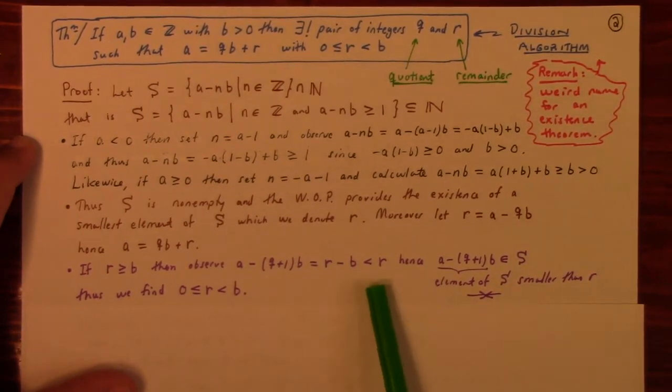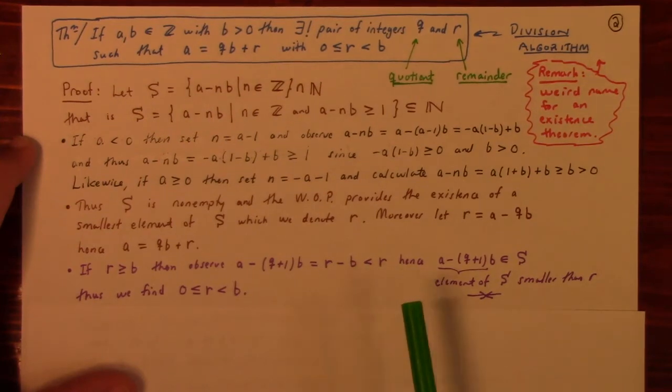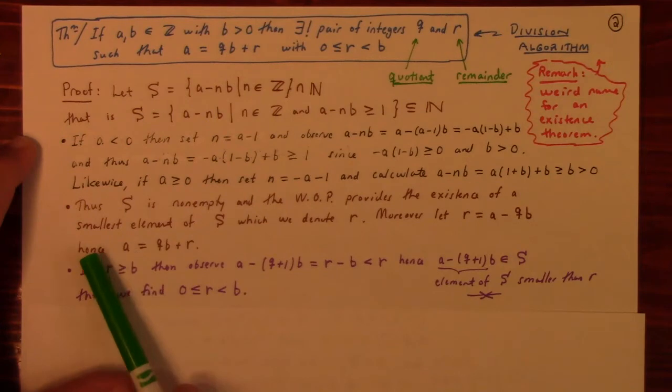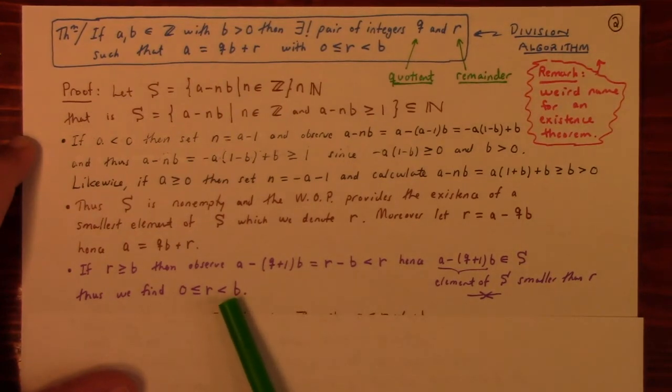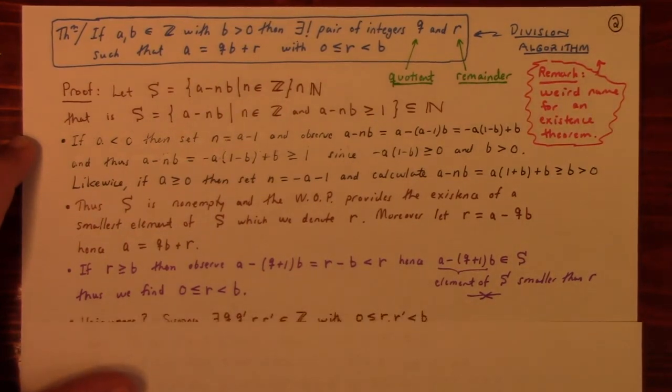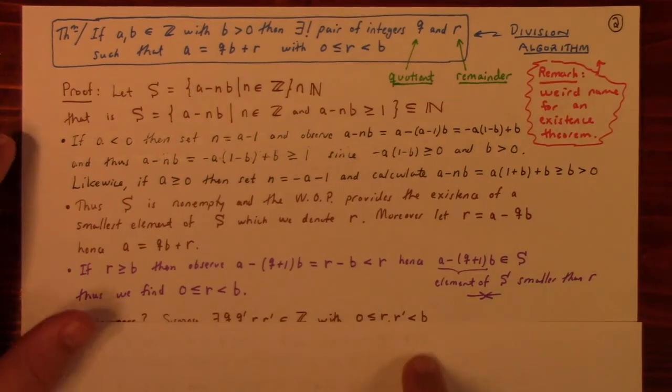But that's impossible, because r is the smallest member of S. So consequently, we learned that r greater than or equal to b is nonsense because it led to a contradiction. And so we conclude that 0 is less than or equal to r less than b, which is what we needed. It remains to prove uniqueness.